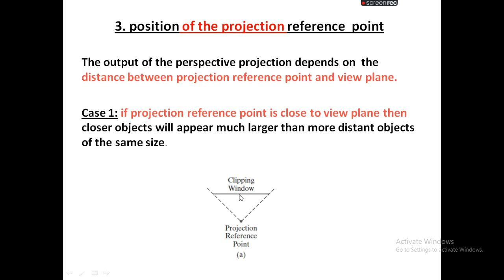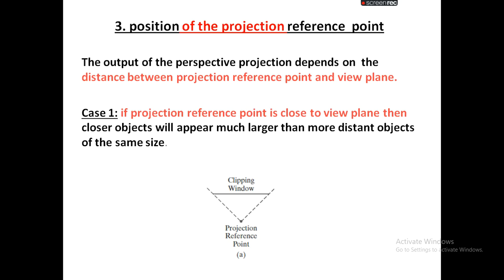If you place the view plane closer to the projection reference point, object size looks larger on the view plane. This is the first case, where the view plane is placed near to the projection reference point.